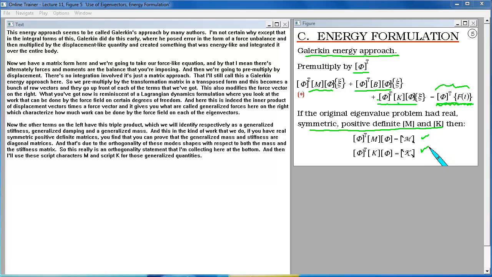And that's due to the orthogonality of these mode shapes with respect to both the mass and the stiffness matrix. So this really is an orthogonality statement that I'm collecting here at the bottom. And then I'll use these script characters M and script K for those generalized quantities.